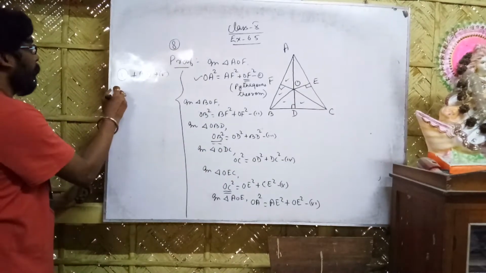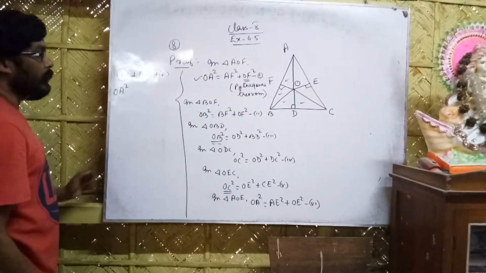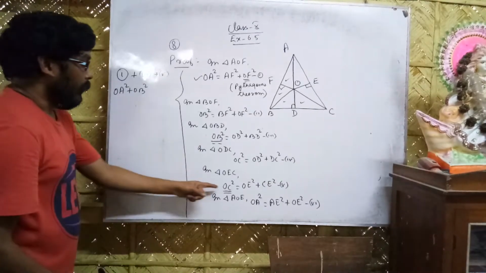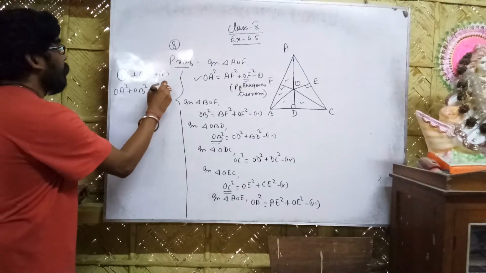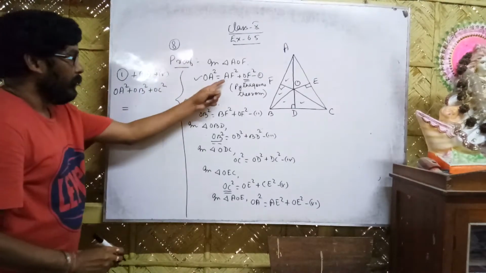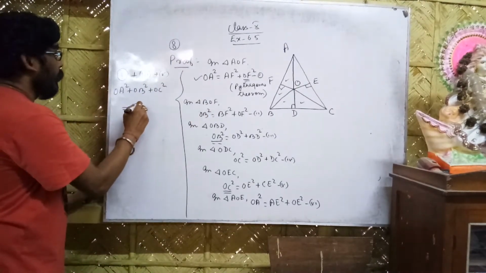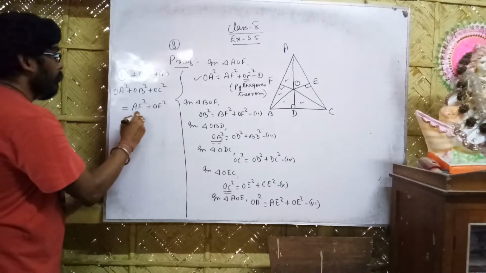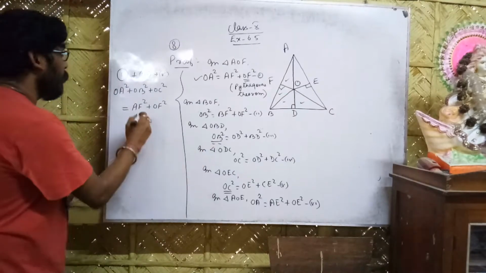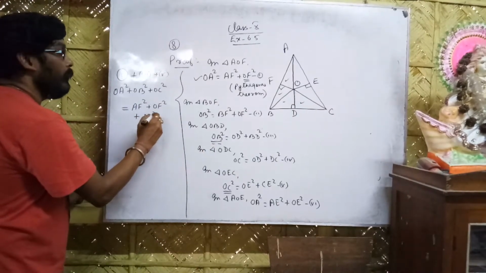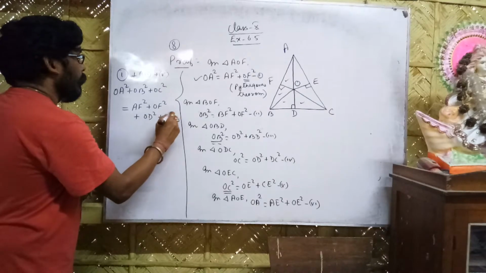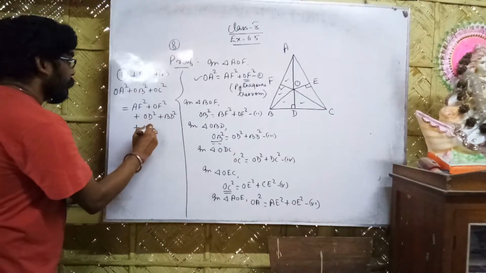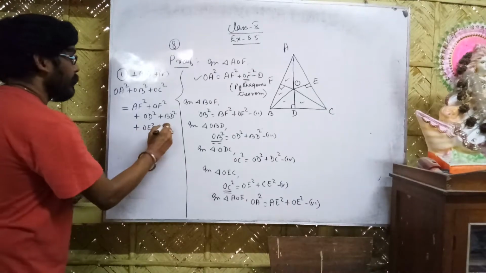So equation 1 has OA square on the left-hand side, here OB square, and here OC square on the left-hand side, equal to what I will write: equation 1, AF square plus OF square, plus in equation 3, OD square plus BD square, plus here OE square plus CE square.